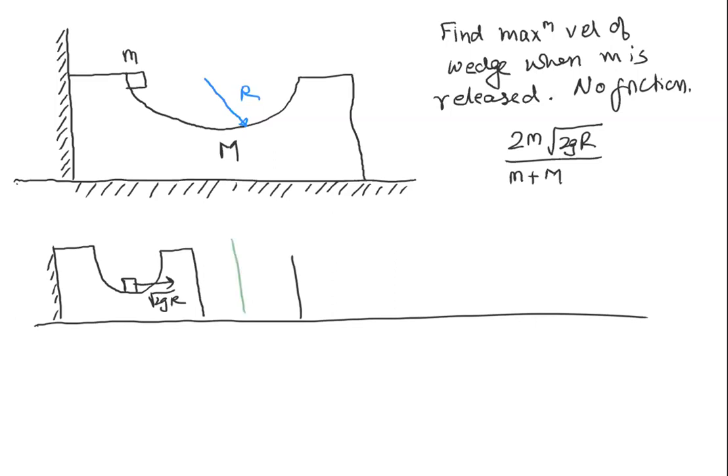Picture two: the block starts to climb the wedge and reaches some height on the wedge. Now, if you have found this v, then your answer is wrong. Okay? That is what you did not find.